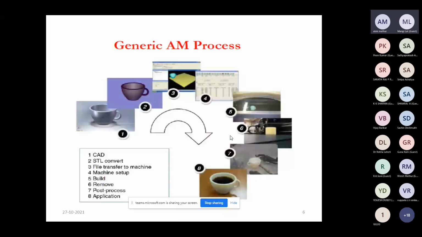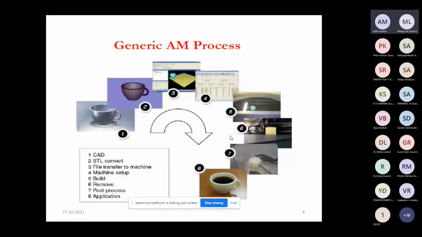After transfer of the STL file to the machine, there is machine setting, which means setting of all the process parameters, and then the building process is carried out, and then removal is done.